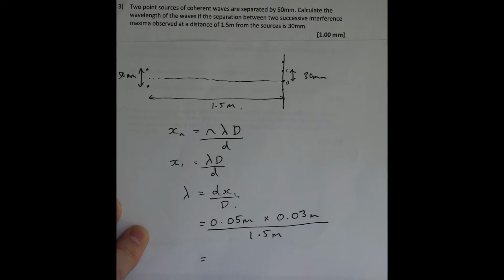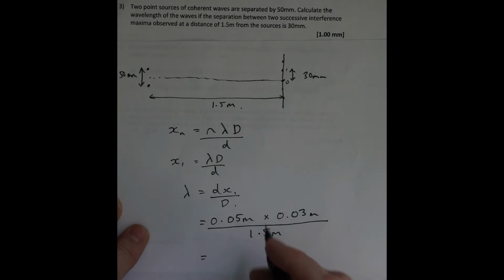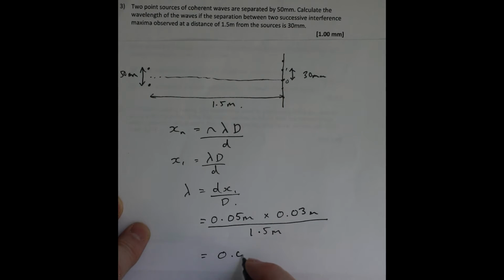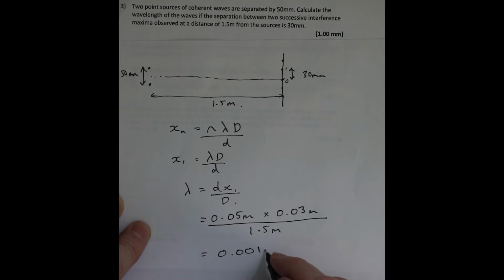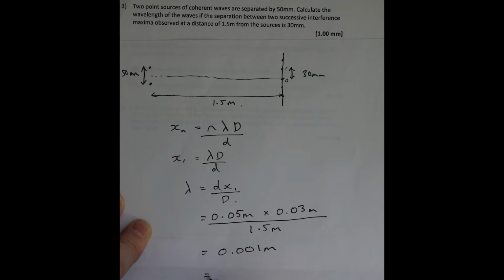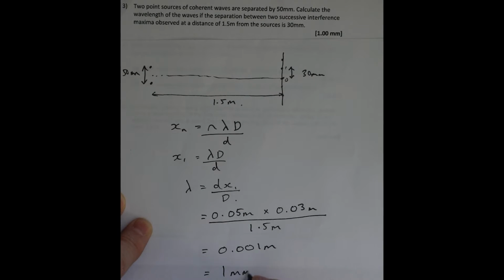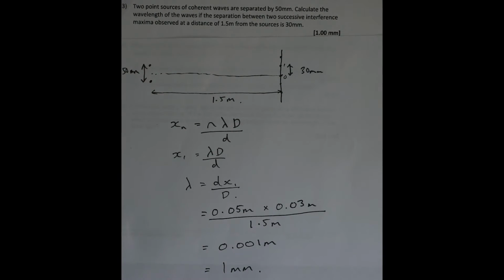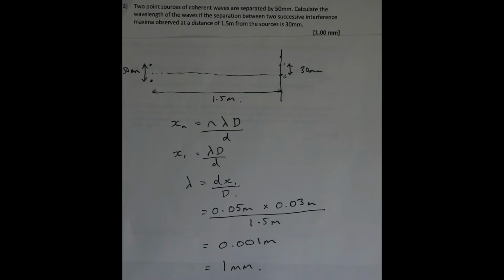Okay, so if I calculate that, that gives me a result of 0.001 meters, which of course is equal to 1 millimeter. Okay, that's the answer to question 3.